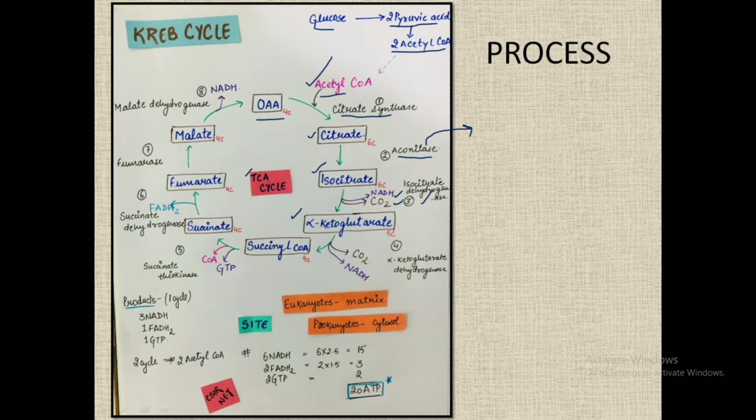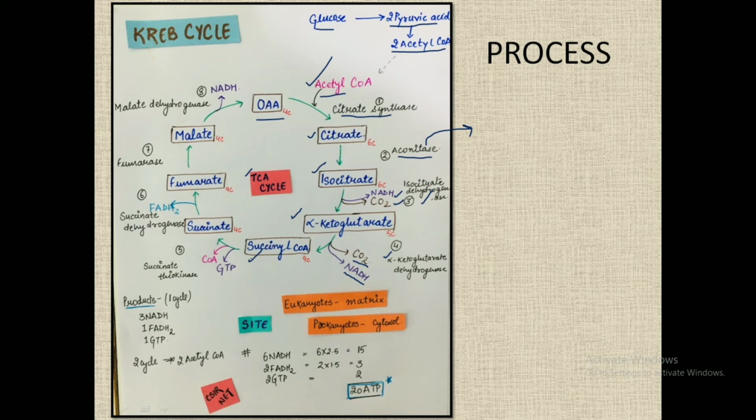dioxide is evolved. After the formation of alpha ketoglutarate, it gets converted into succinyl coenzyme A with the elimination of carbon dioxide and NADH, and alpha ketoglutarate dehydrogenase functions in this conversion.